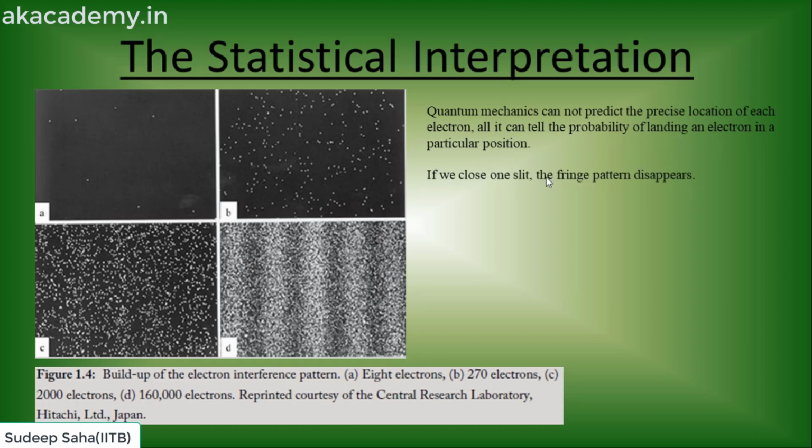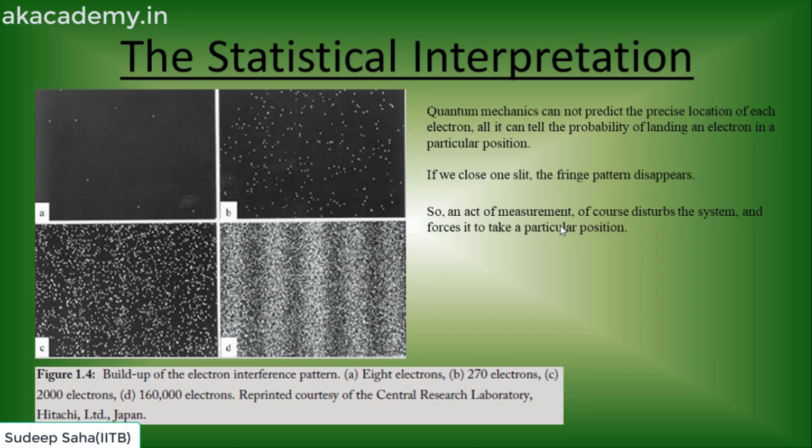If we close one slit, then the fringe pattern disappears. Now, this is an act of measurement. We want to know through which slit the electron passes. If we do that, this fringe pattern will just disappear. So an act of measurement of course disturbs the system and forces it to take a particular position.